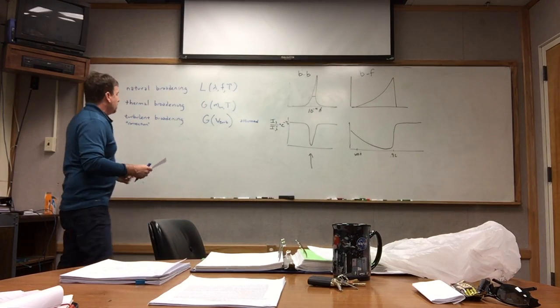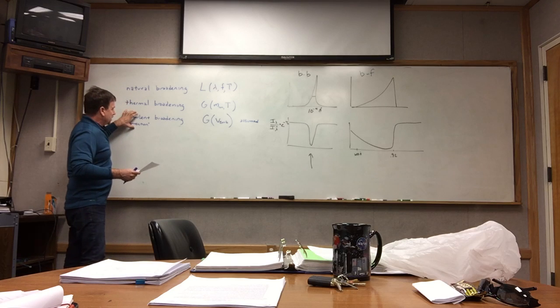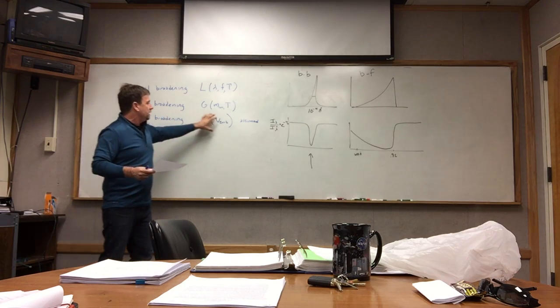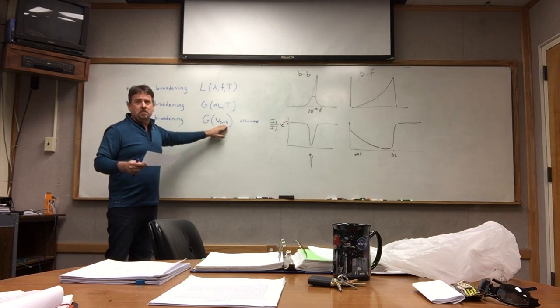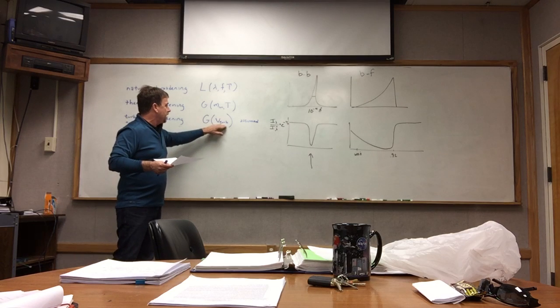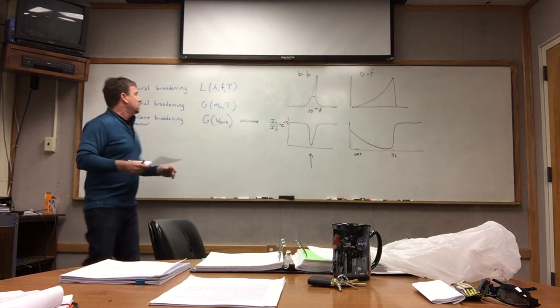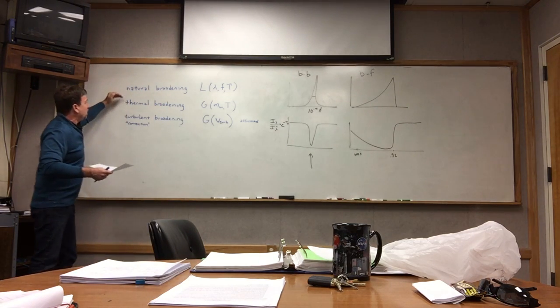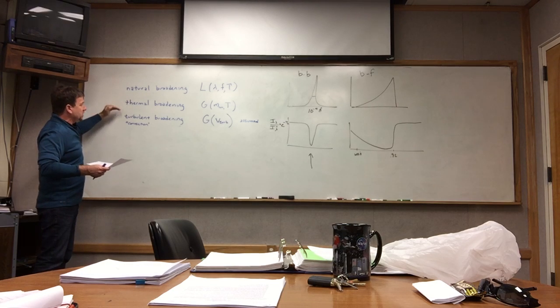But in stellar spectra, this turbulent broadening, given by some mean turbulent velocity of the mixing layer of convection, we usually assume is causing a Gaussian. Okay, so now you're convolving a natural broadening, a Lorentzian, with a Gaussian with a Gaussian.